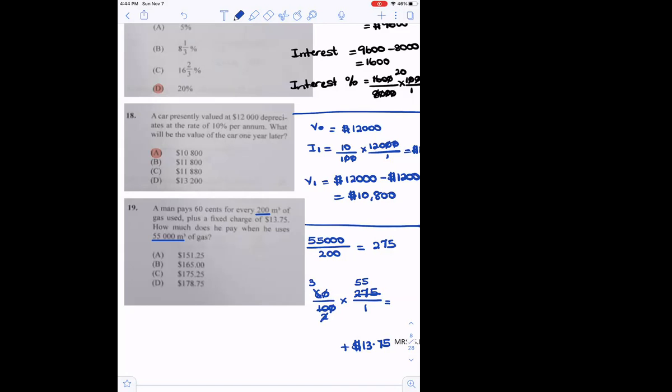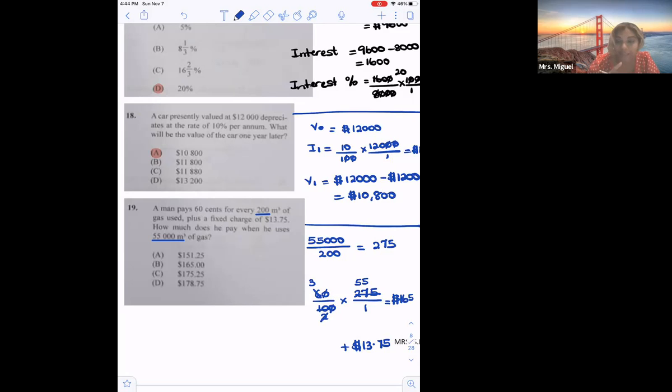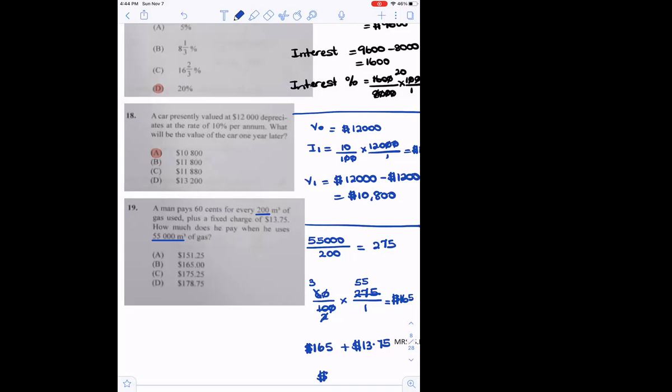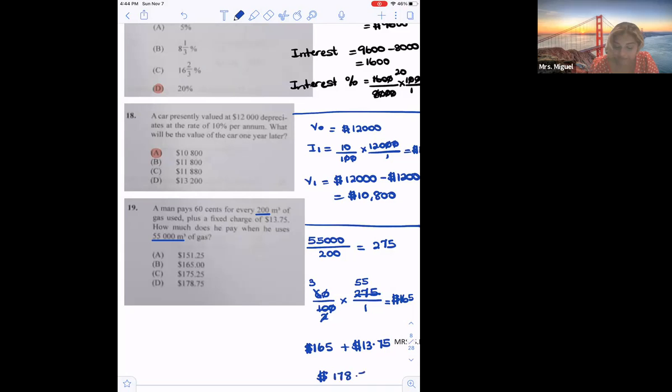$165. 165, very good. So the man is not only paying 165, he has to pay a fixed charge. So add 165 to 1375. $178.75. 178.75.